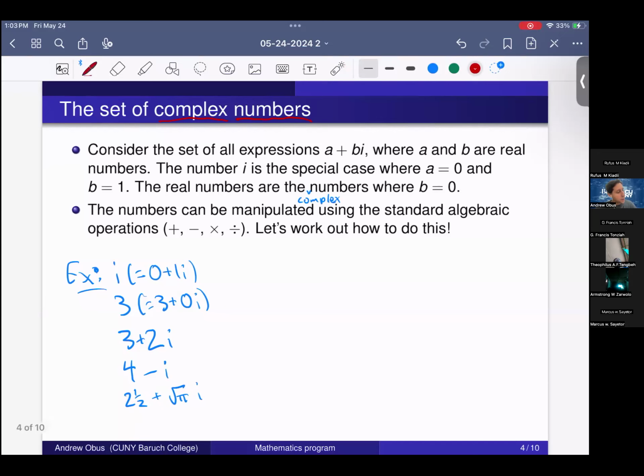These different parts of the number are called the real part, over here the 2.5, and then the imaginary part, which is the square root of pi, or the square root of pi i.